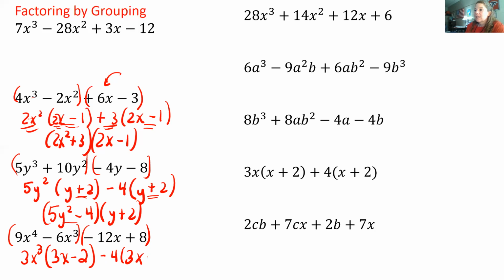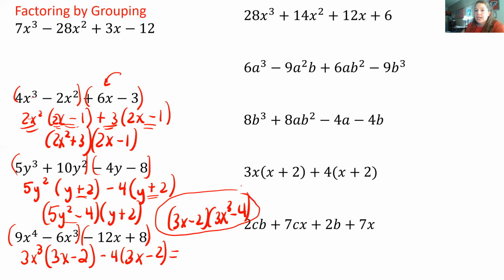And 8 divided by negative 4 is negative 2. So my final answer is, I'm going to put 3x minus 2 together. And what's outside of the parentheses, 3x cubed minus 4. So that's my final answer. Always double check those parentheses and say, do these have any common factors? And they do not. All right, I'm going to erase all this stuff.